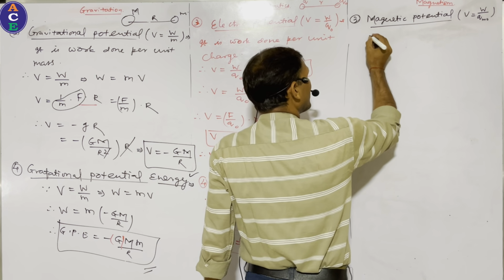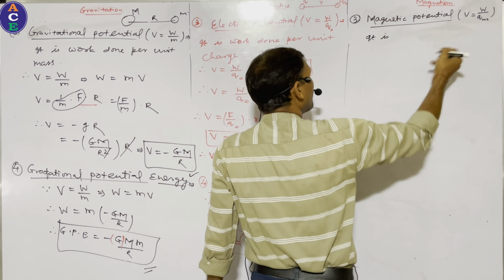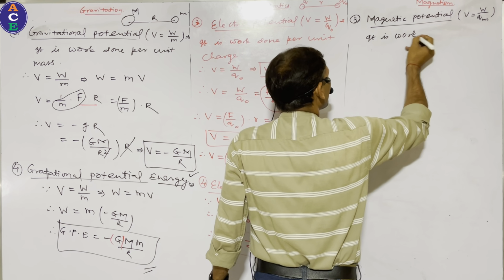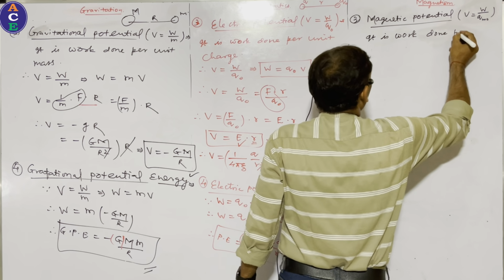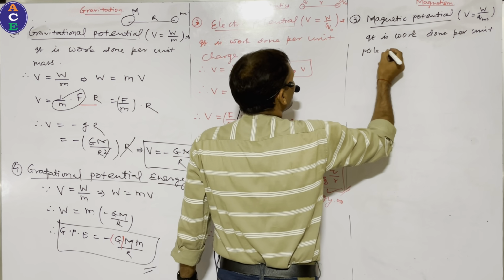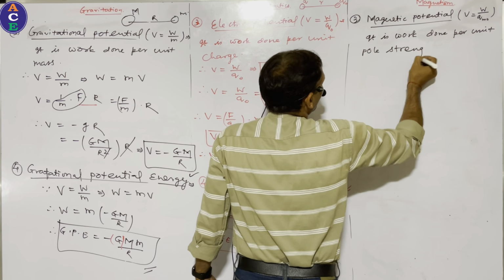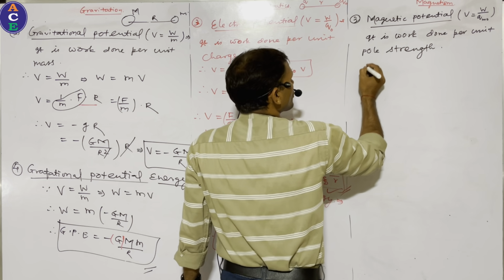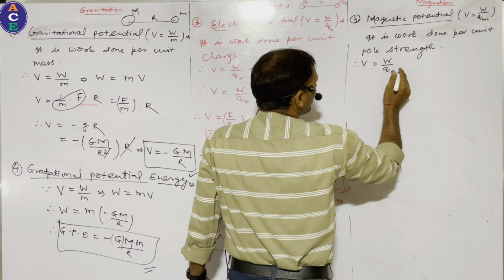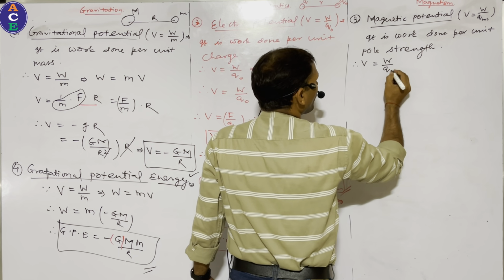This is the definition. If we wish to write, it is work done per unit pole strength. So V is W by Qm naught.